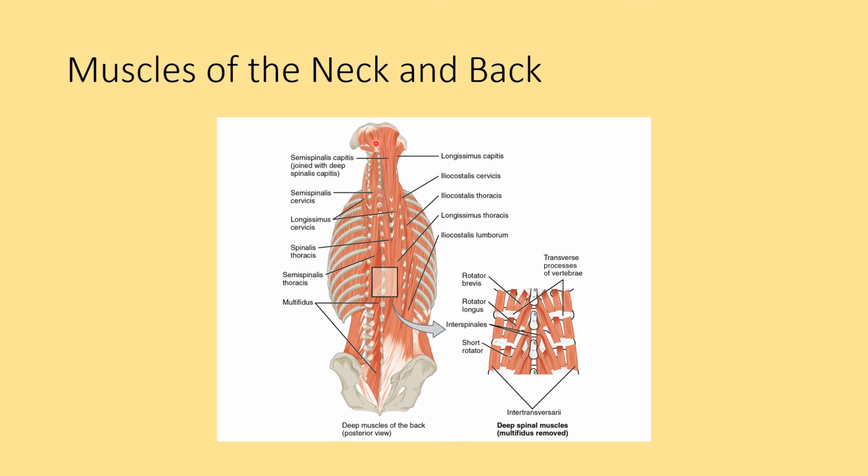So some of these are quite long. And you can see how they are attached relative to the vertebrae. So here's the vertebrae with the transverse processes of them and the spinous process sticking out here. But you can see how oftentimes the muscles kind of weave through those deeper muscles.